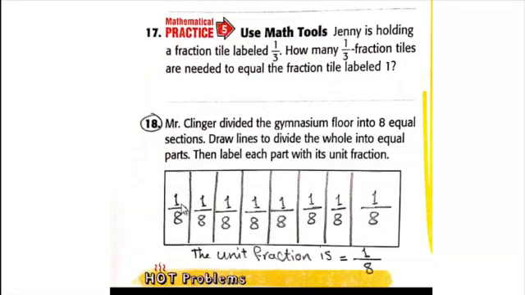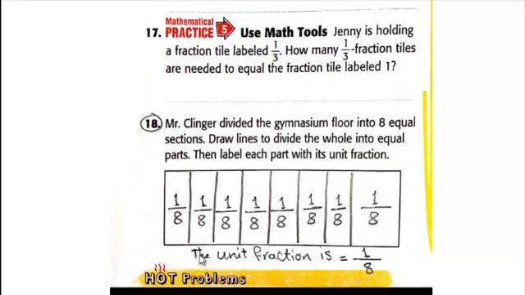Total parts here equal what? 1, 2, 3, 4, 5, 6, 7, 8. The total number here equals 8. And each part equals what? Here 1, 1, 1, 1, 1, 1, 1, and here 1.